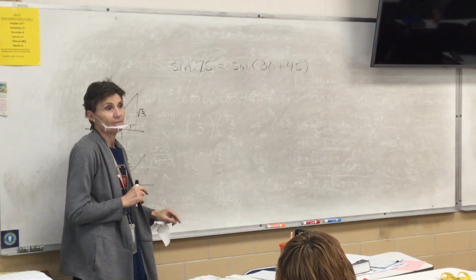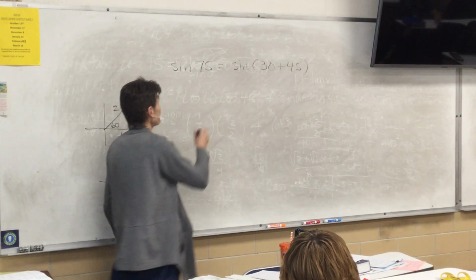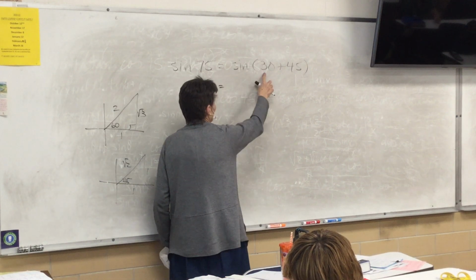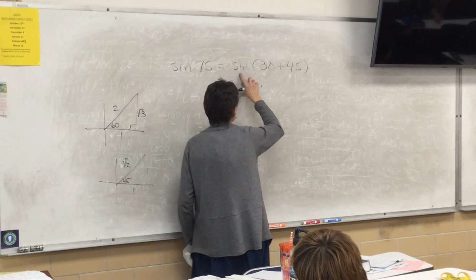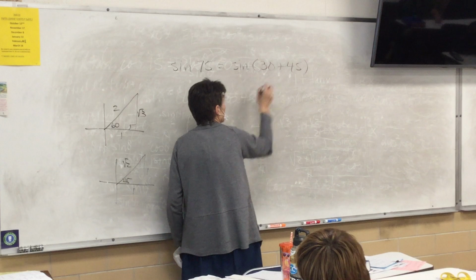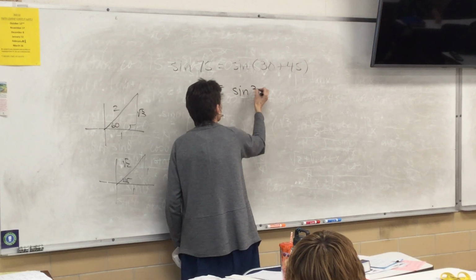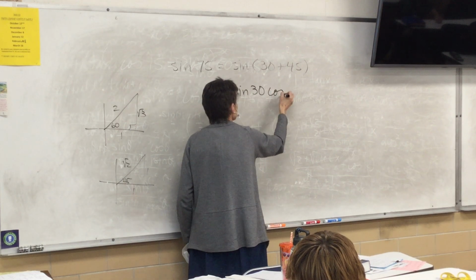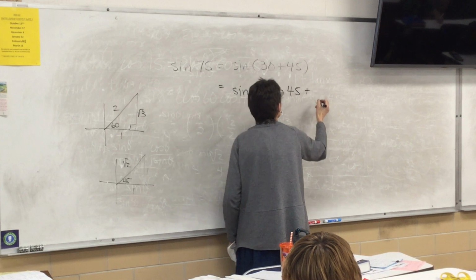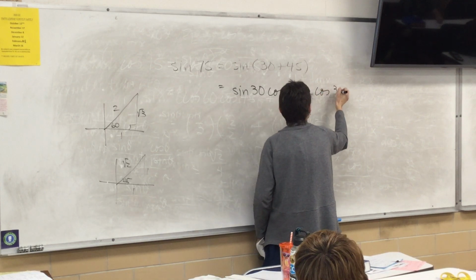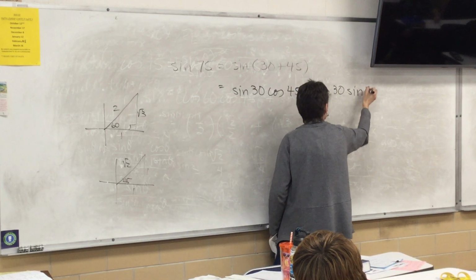So 30 and 45. All right, our formula says this is your alpha and your beta. It's a sine and it's a sum. So it's sine 30 cosine 45 plus cosine 30 sine 45.